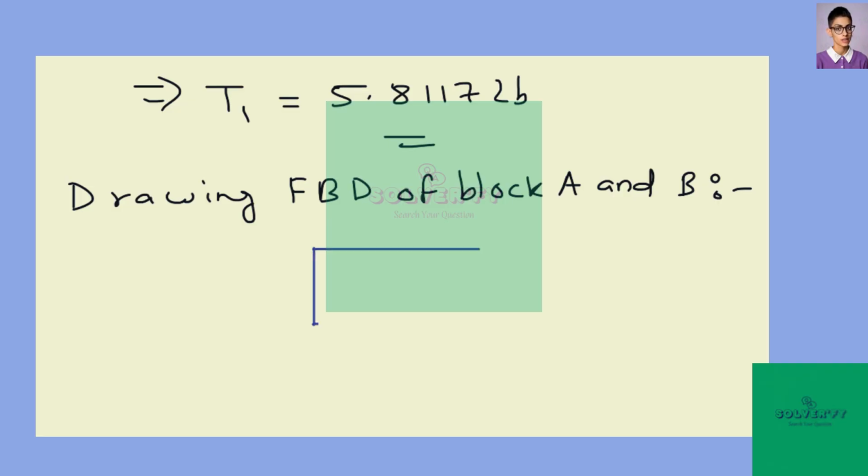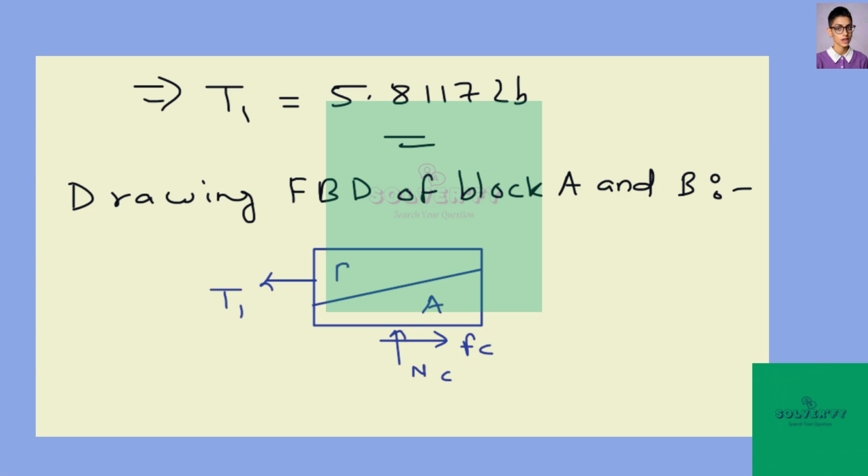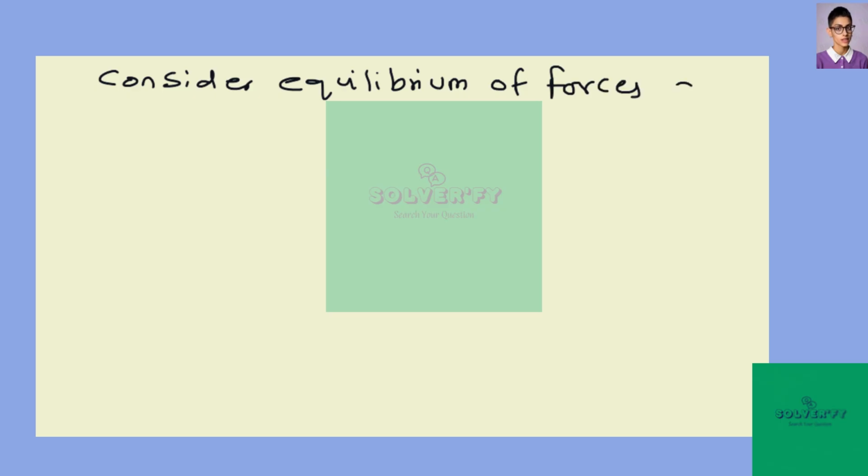Now drawing free body diagram of block A and B as I am drawing here. So draw it more carefully and write all the forces T1, FC, NC. Here it is block A and here it is block B, and here it is W1 plus W2 into C. Now going further, consider equilibrium of forces along y axis.